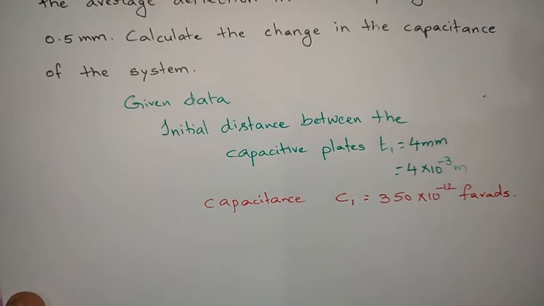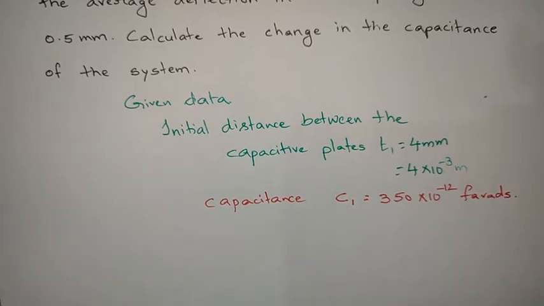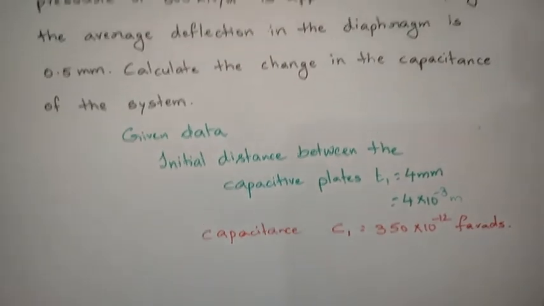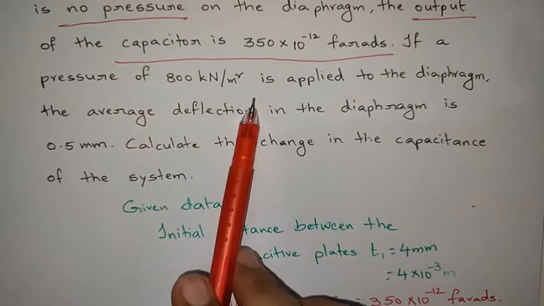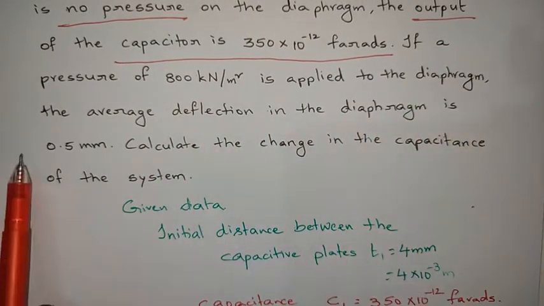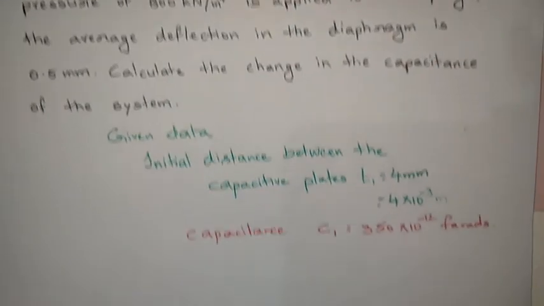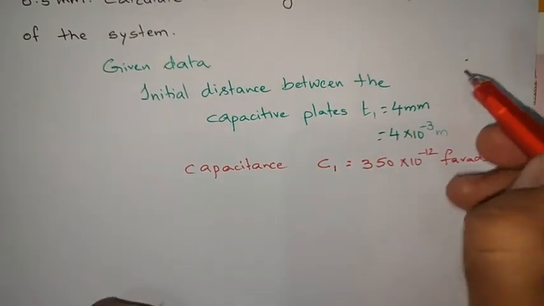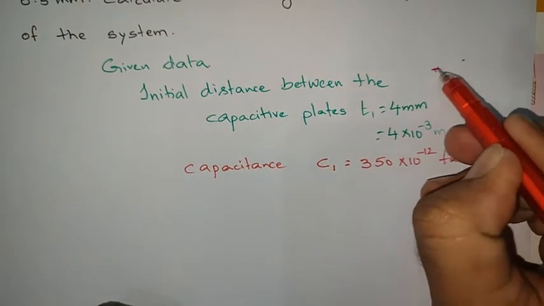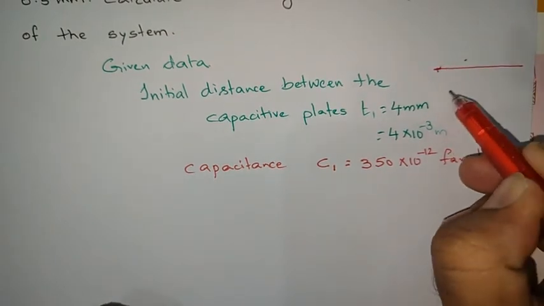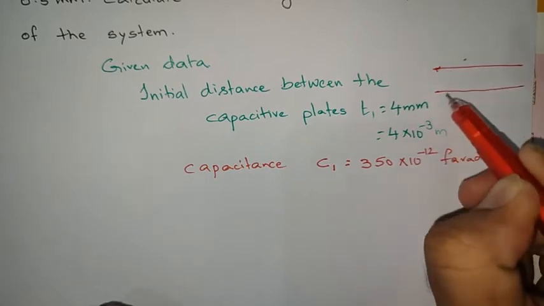Then if there is an application of pressure of 800 kilonewton per meter square, then the diaphragm deflects through 0.5 mm. Suppose here I have taken a diaphragm, right? Initially it is the distance between the capacitor plates.